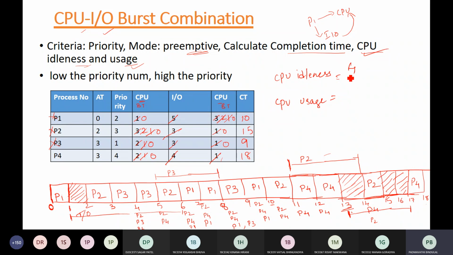In total you have 4 free slots out of 18 slots. So whatever 4 by 18 comes to, this will be the idleness. The CPU was idle for this amount of time. And usage: 14 slots, that is the utilization, and 14 by the total slots, that is 18. So 14 by 18 is the utilization.